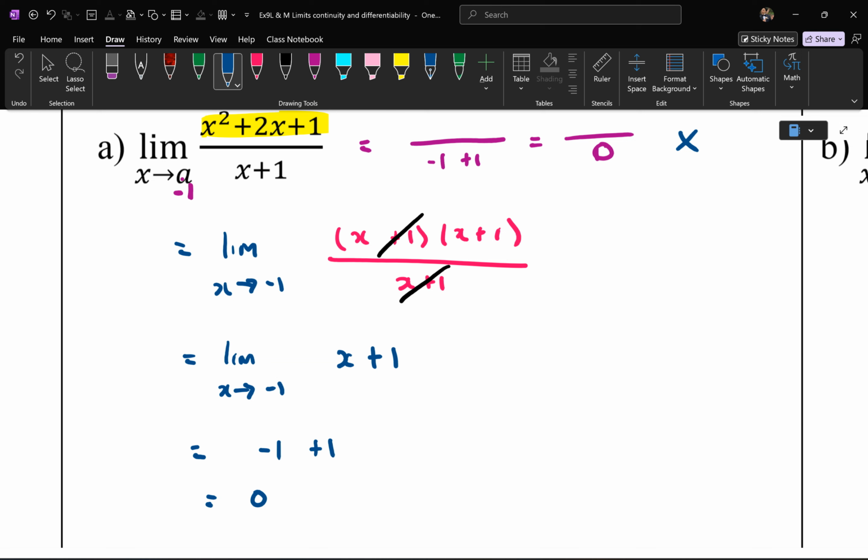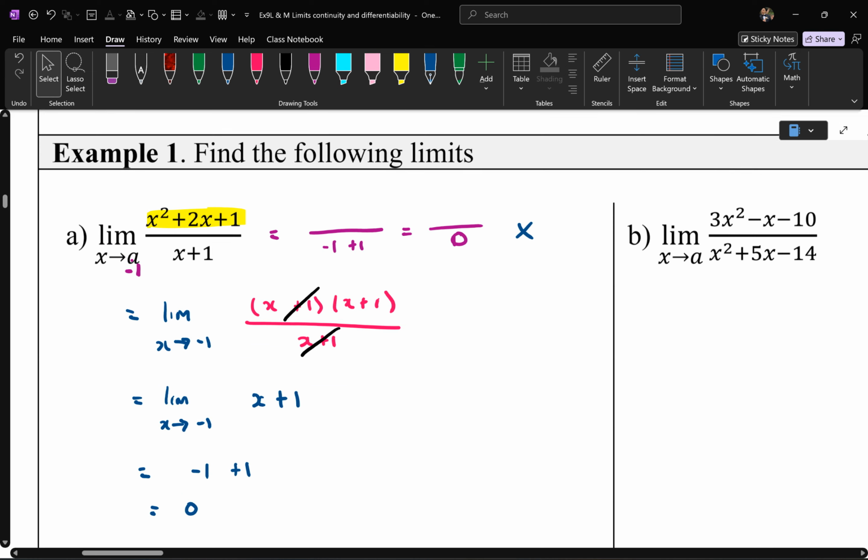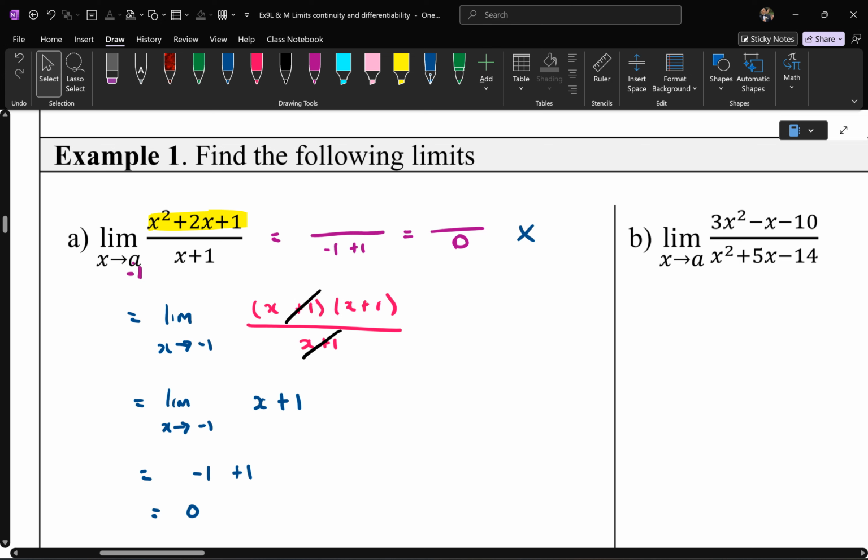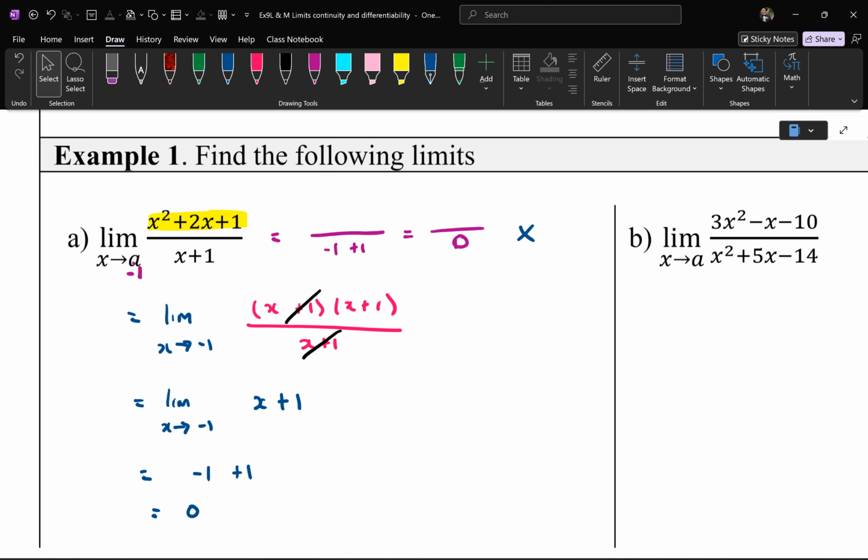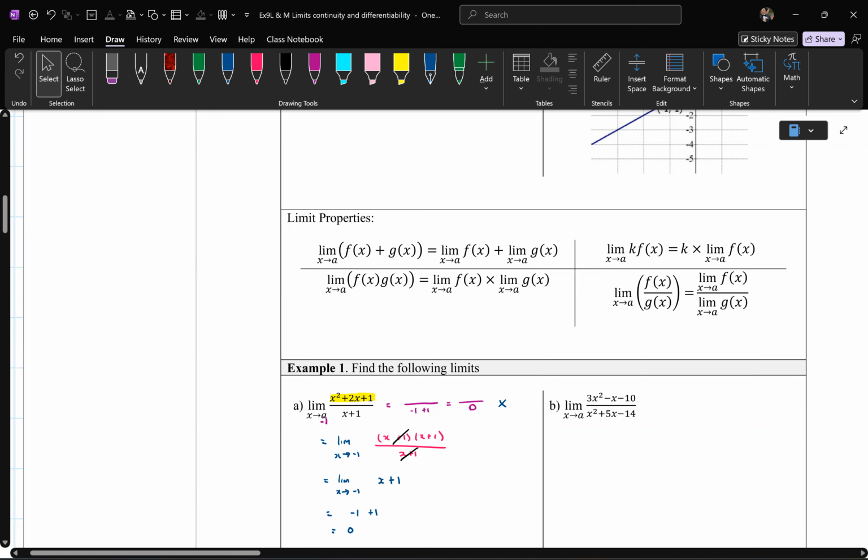Unlike the top one, where we would have had undefined. So if you're not familiar with limit problems, there are some questions as you go through that get you to practice factorizing and finding different ways to avoid that problem of an undefined area. Okay? So those are the properties that you can work with.